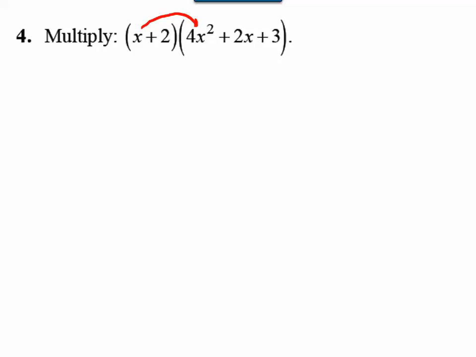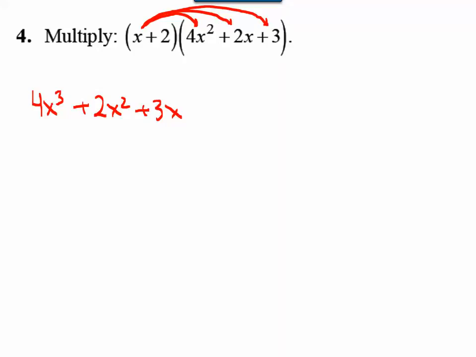Give you guys a little bit of time to start, if you're not done yet. Let's see, first line here through will be 4x cubed plus 2x squared plus 3x.